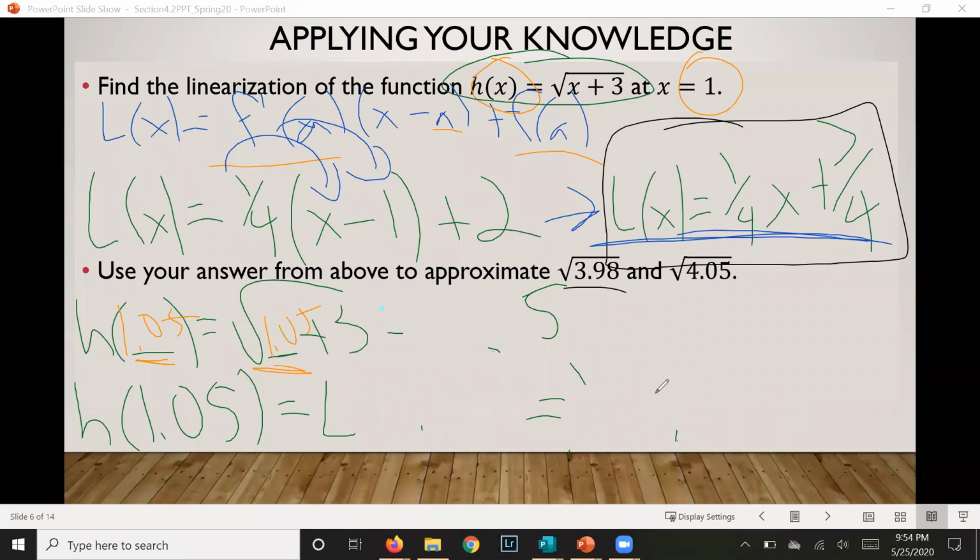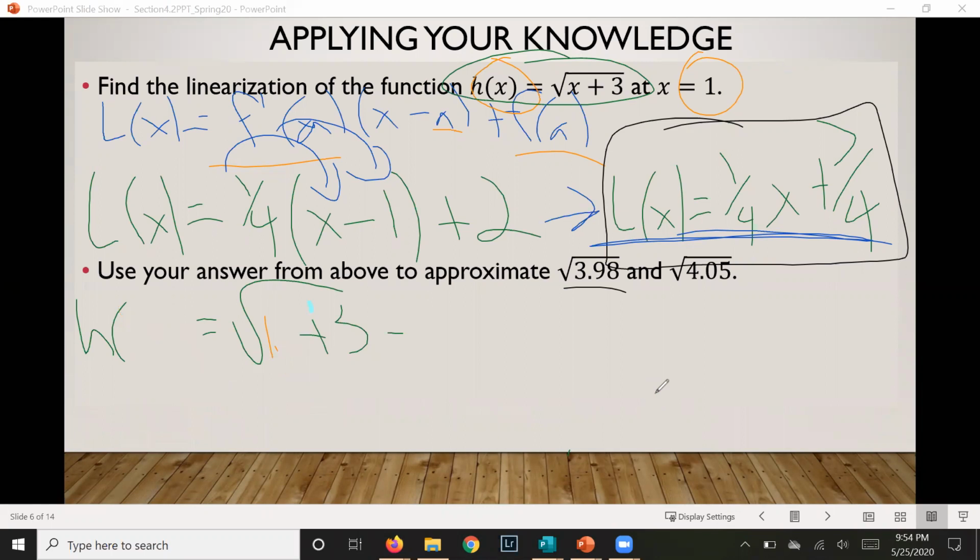So now we need to find the square root of 3.98. And again, we have to think about what we would plug into the function h here to find that. I believe the answer would not be 3.98, right? What would have to go in here to give us the square root of 3.98? Well, it looks like that answer would be 0.98, right?